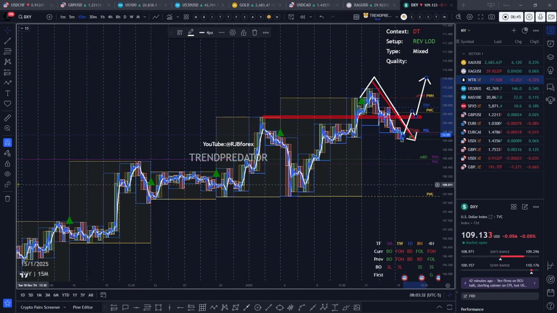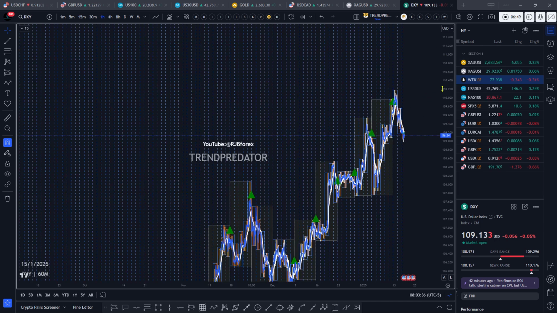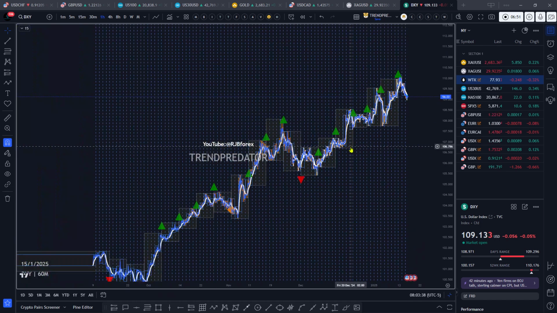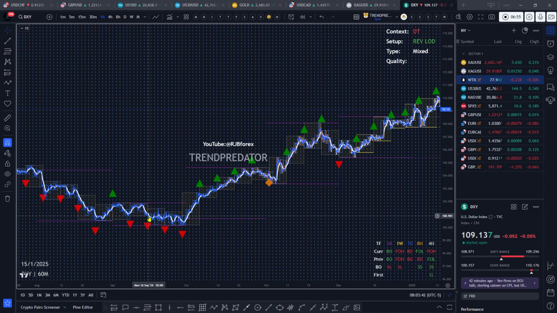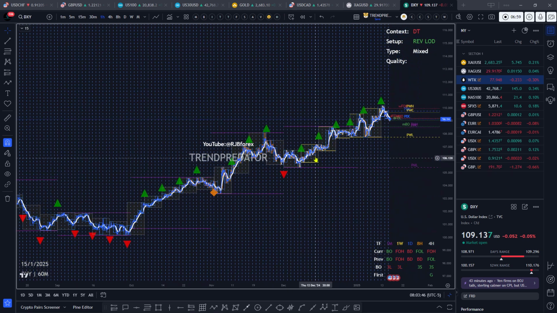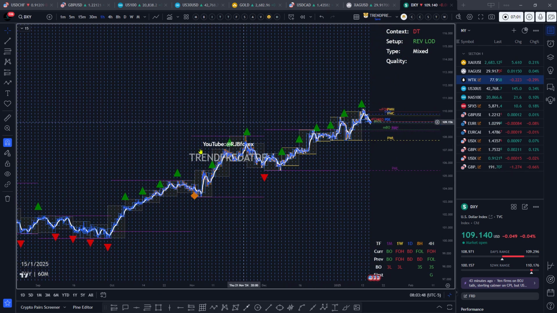On the other hand, the monthly chart is also overextended. Let's go to a higher time frame. If we look on the monthly chart, we can see that we've been pumping since September, October, November, December, January. So it's also an overextended chart on the monthly. So a pullback is anticipated.